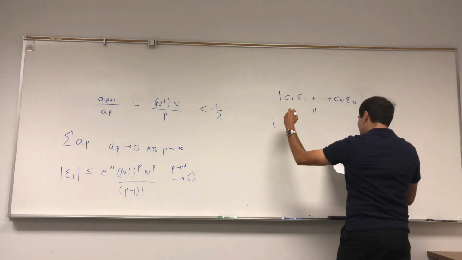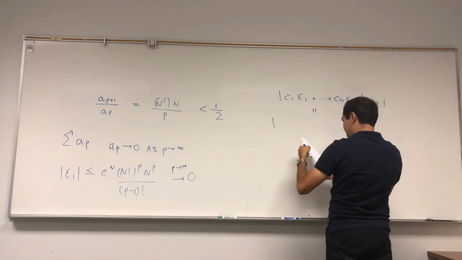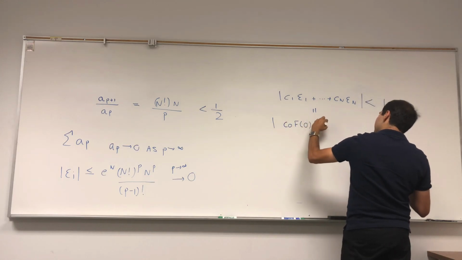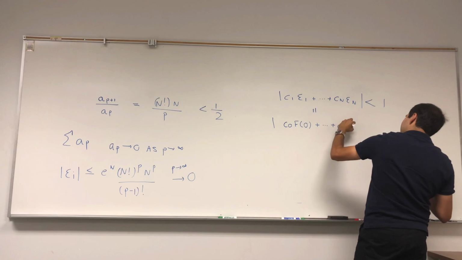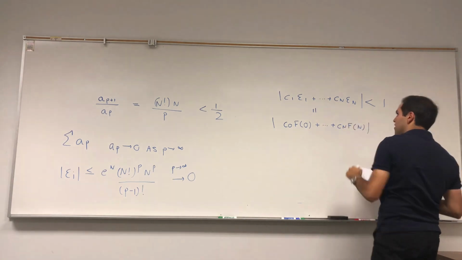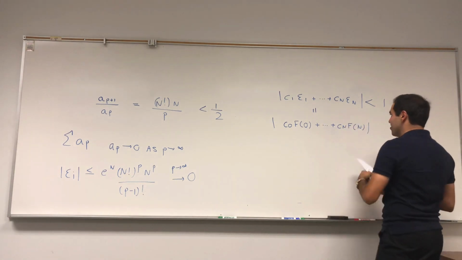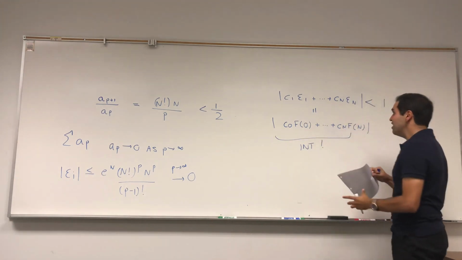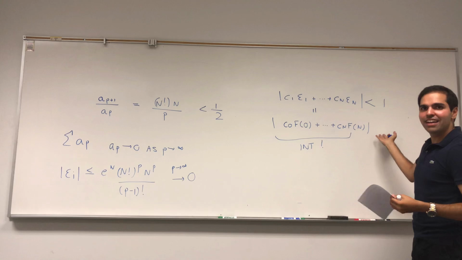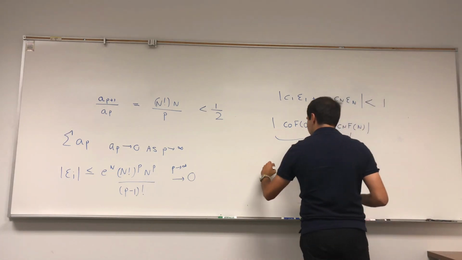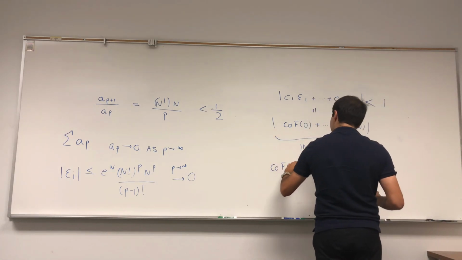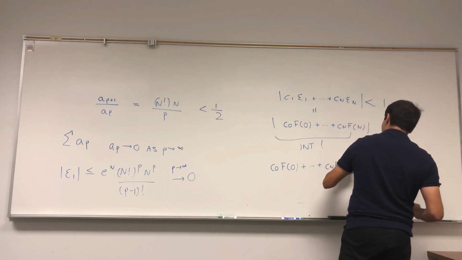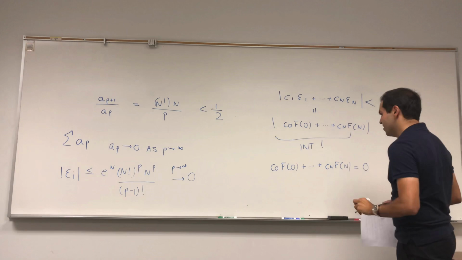This is actually equal to, remember, C0 f of 0 plus dot dot dot plus Cn f of n. But remember, this thing was an integer. So if we have an integer that's less than 1 in absolute value, it has to be 0. So C0 f of 0 plus dot dot dot plus Cn f of n equals 0.